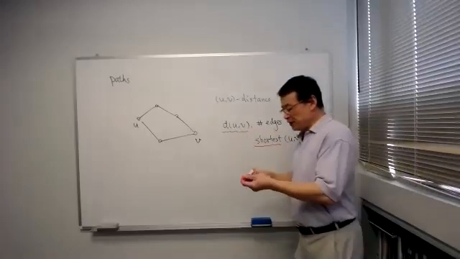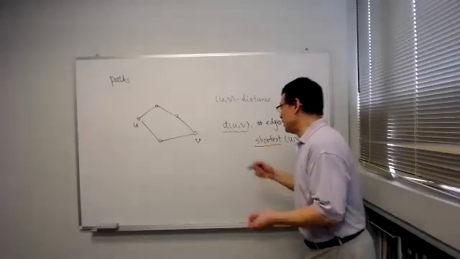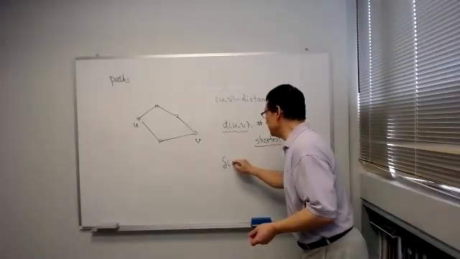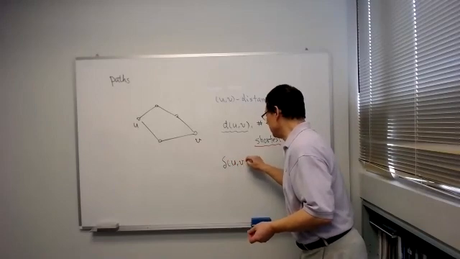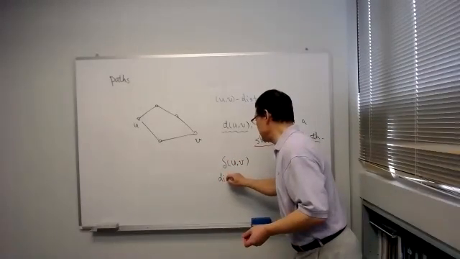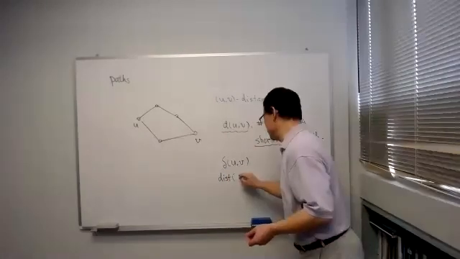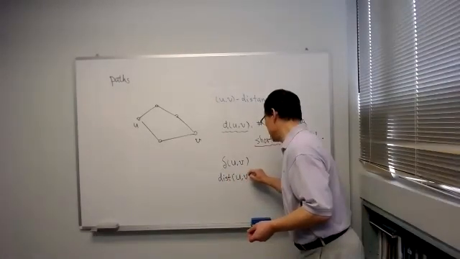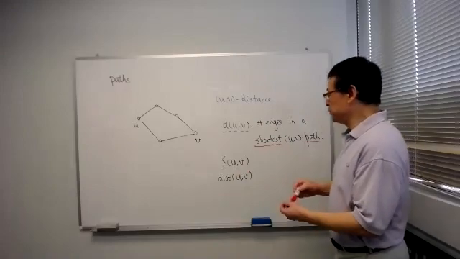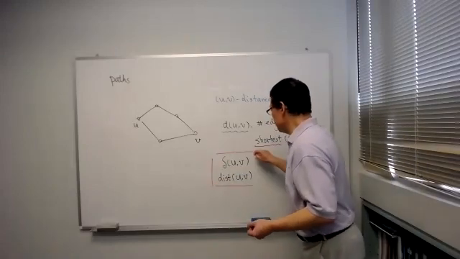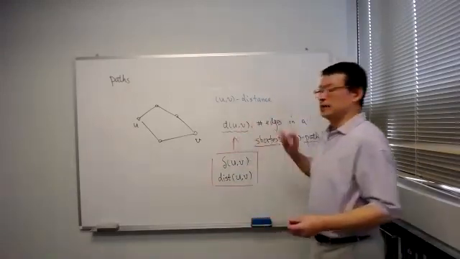And sometimes people may use other notation for distance. You may find them using delta, or d, or distance(u,v), instead of this one.